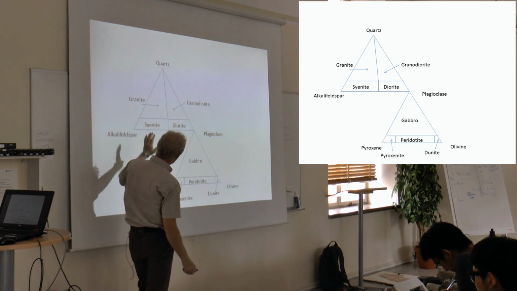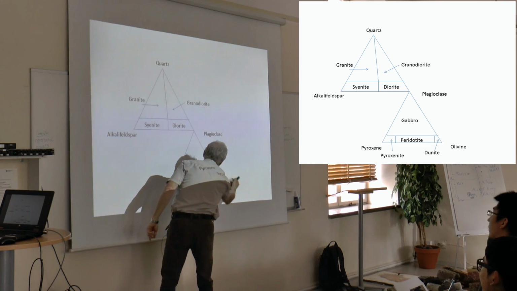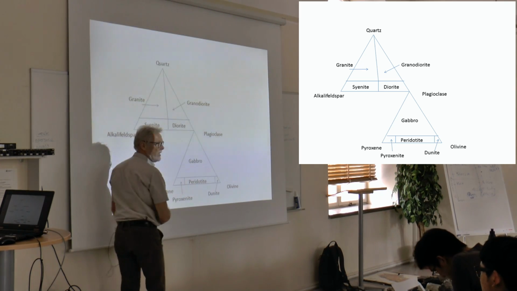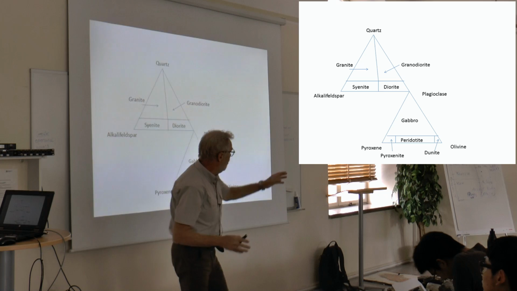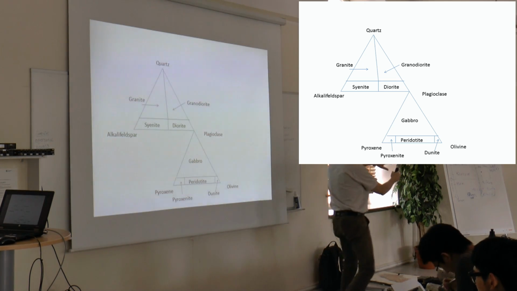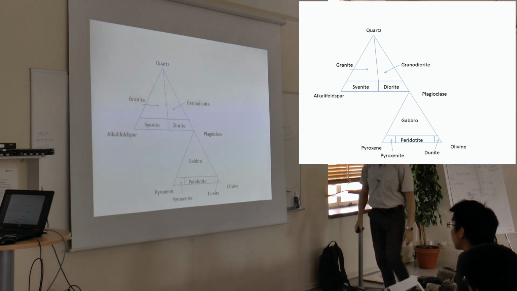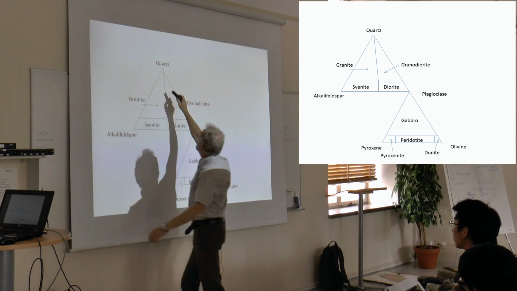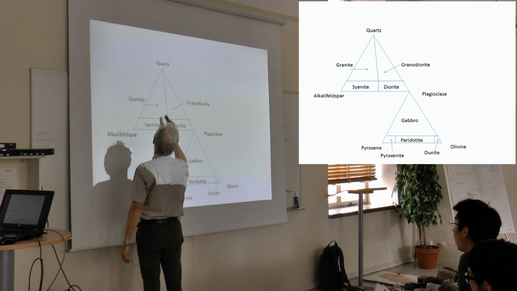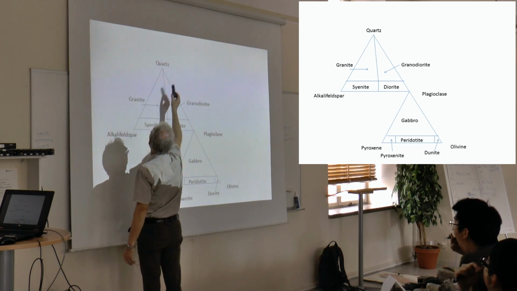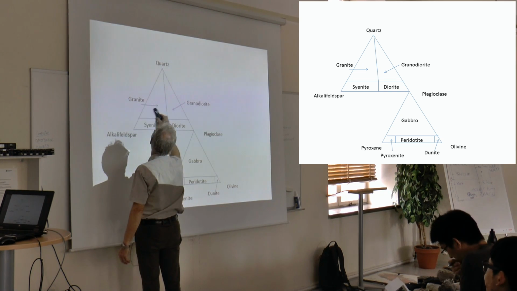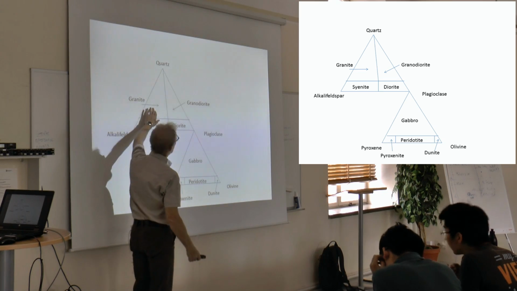And then we have olivine, pyroxene, just to see how these minerals connect different types of rocks. Then if we have quartz like this, the quartz and feldspar, then we call this one granite.